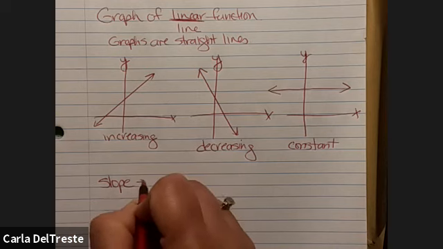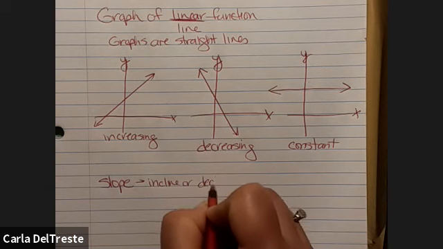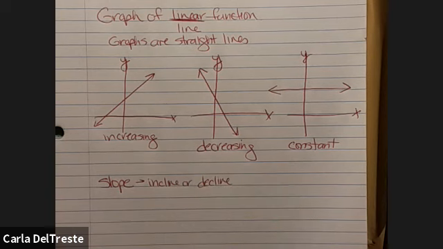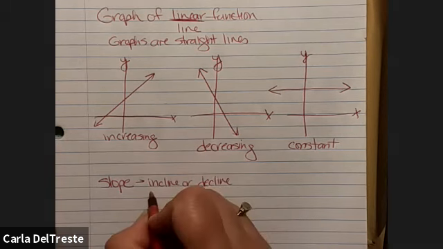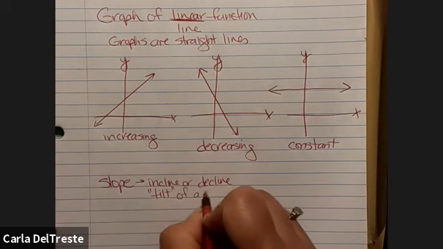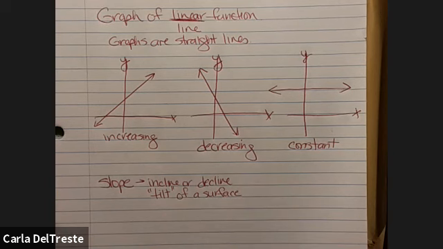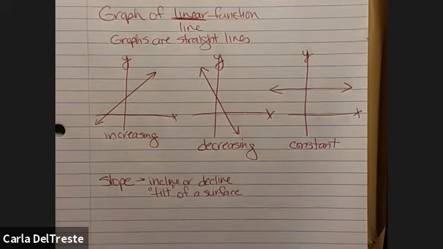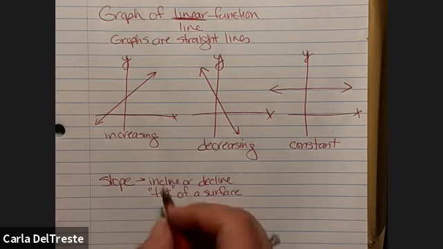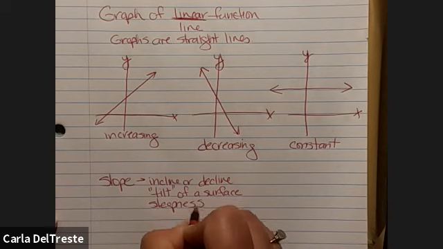That usually is talking about an incline or decline of a surface, or the tilt of a surface. Sometimes you might hear it called pitch. But basically it's how steep something is. It's the steepness that is really being defined when you do slope.